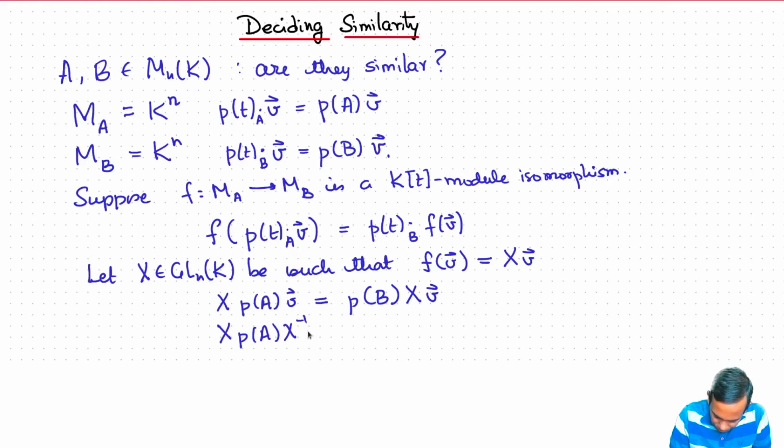is equal to P(B) as matrices, because this is saying X P(A) is P(B) X as matrices. So what we're saying is X P(A) X inverse is equal to P(B) as a matrix, and this is true for all P(T) belonging to K[T].